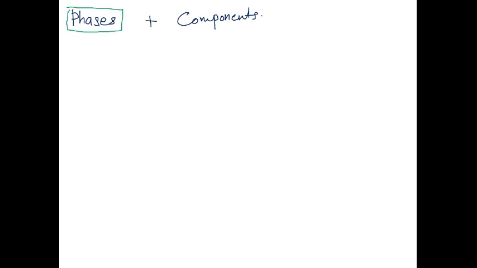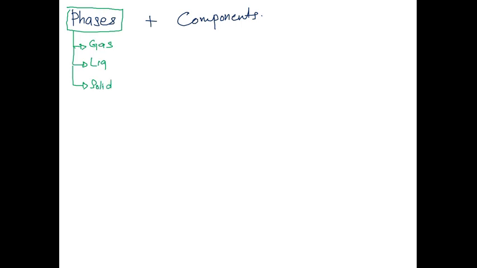So phases, as everyone knows lah, we have three phases in this world lah. The first one will be the gas phase, then liquid phase, next one will be the solid phase.